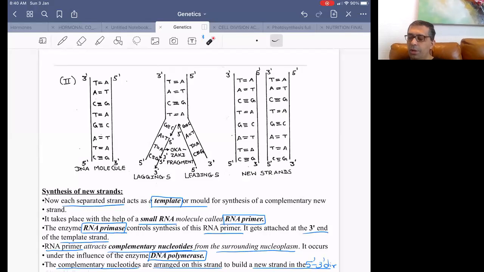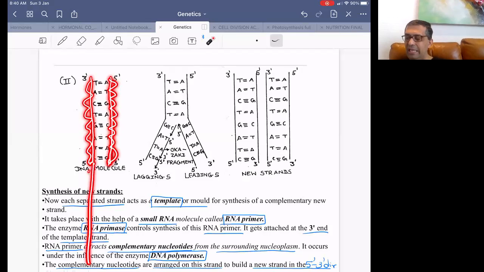So here we had DNA. Which bonds were these? Phosphodiester bonds. Suppose it was like this. And which were these bonds? Phosphodiester bonds. And we have broken the phosphodiester bond with the help of endonuclease.